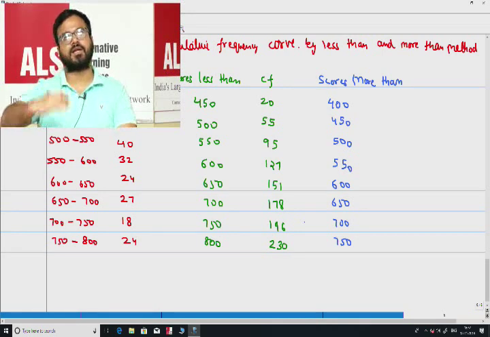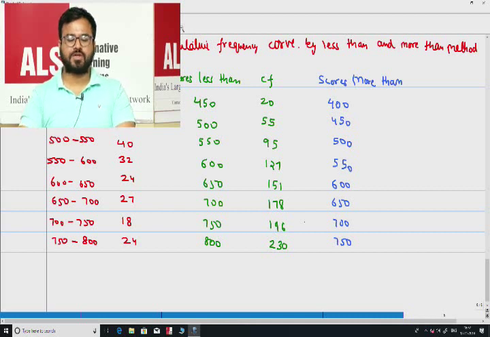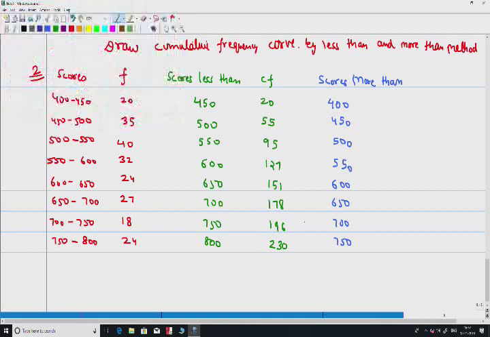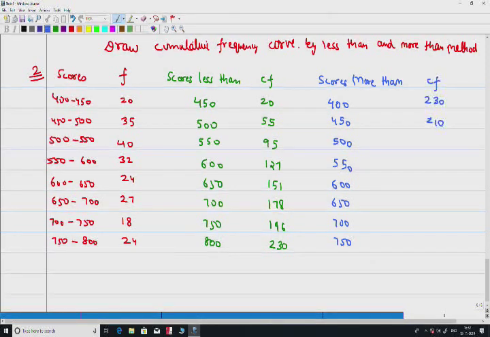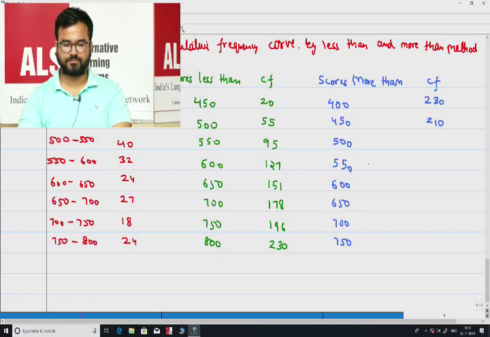Then we have to subtract the subsequent. More than 450, it means we will subtract the 20 from there. Then we will subtract the 35. So more than 500.